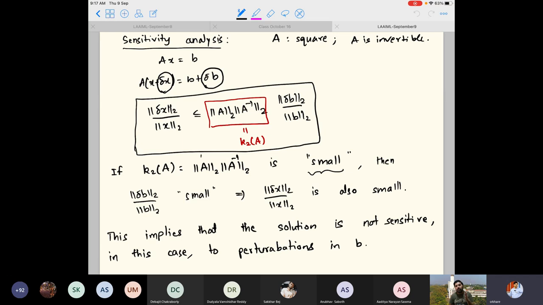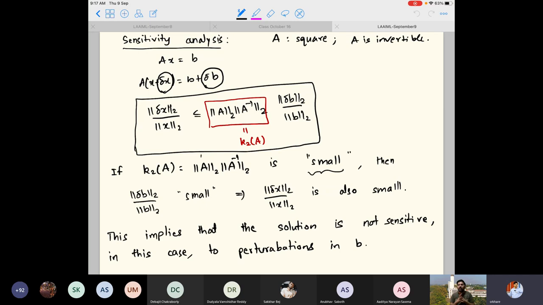And if the condition number of A is not 1, then we now know that the condition number is always greater than or equal to 1. That means the condition number can take values which are really very big, like 10, 100, 1000 and so on. So you are scaling the error in b, and the error in x gets magnified, or scaled up, by that condition number factor times the relative error in b.